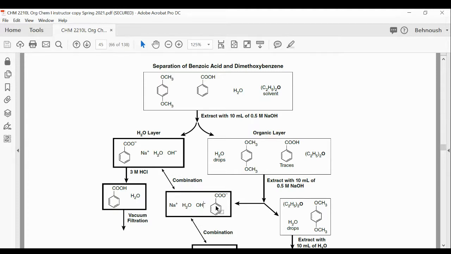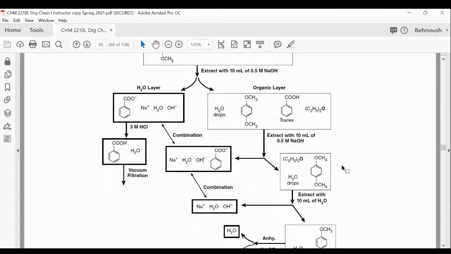Then, your ether layer has some drops of water, and you are going to remove the drops of water using sodium sulfate. Then you are going to evaporate the ether, and you end up with this only, and that's what we want.